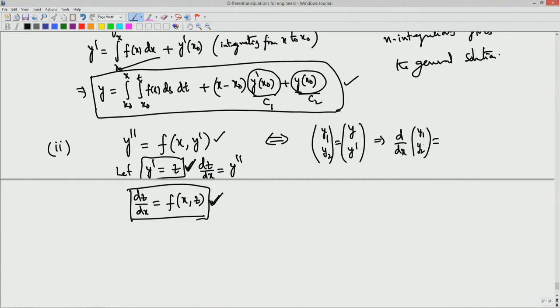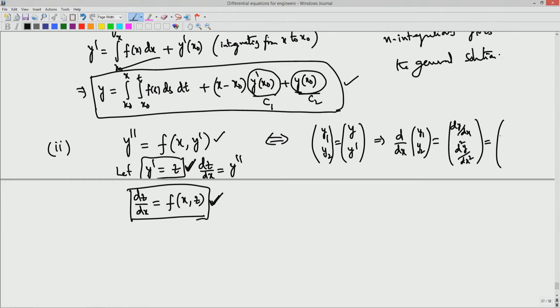In a vector you differentiate each component, so this is equal to dy1 by dx, that is dy by dx, and dy2 by dx, that is d dx of y dash, which is d square y by dx square.